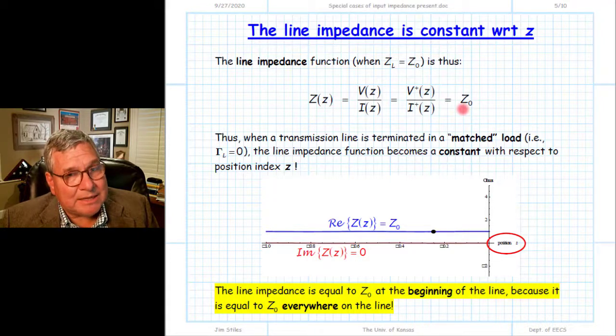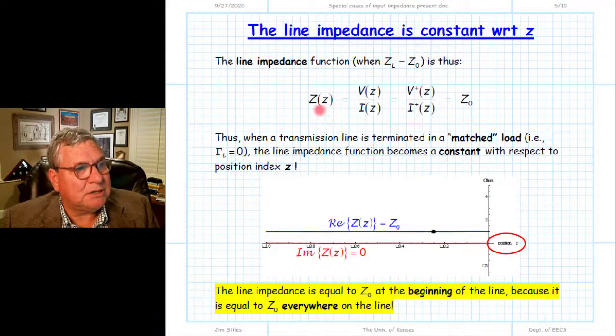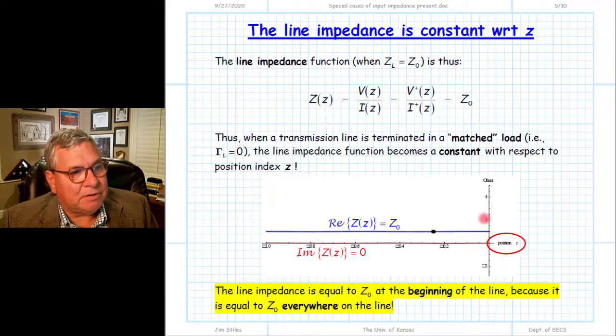What this is saying is that the line impedance function is a value, first of all, that's purely real. It is a value that likewise is a constant. It is the same at all values on our transmission line. So if we were to plot the line impedance function with respect to position z, at every location, for the case of a matched load, we'd find the reactive part is equal to 0, and the resistive part is equal to Z0.